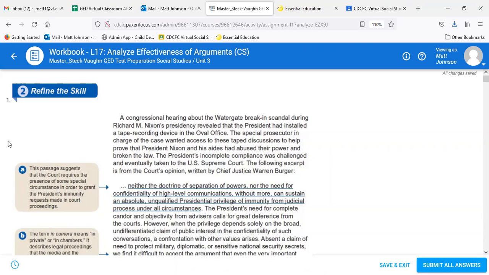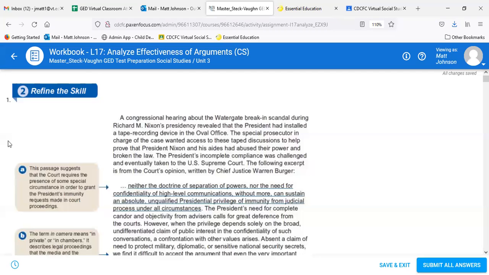The special prosecutor in charge of the case wanted access to these taped discussions to help prove that President Nixon and his aides had abused their power and broken the law. The president's incomplete compliance was challenged and eventually taken to the U.S. Supreme Court. The following excerpt is from the court's opinion written by Chief Justice Warren Burger.